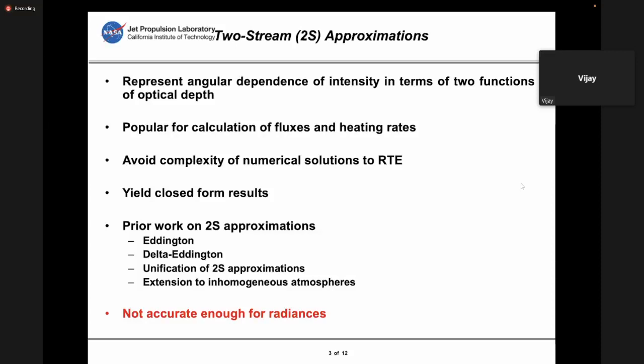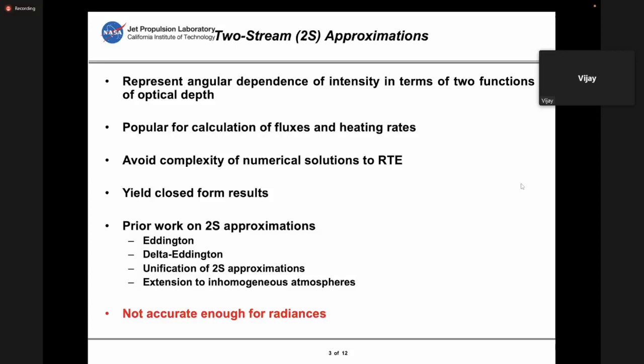A number of 2S approximations have appeared in the literature. For example, the book Radiative Transfer in the Atmosphere and Ocean by Stamnes et al. has a good review of these approaches. These include the Eddington approximation and the delta-Eddington approximation, where the forward peak of the phase function is represented by a delta function, and the rest of the scattering hemisphere is treated by a two-term expansion.